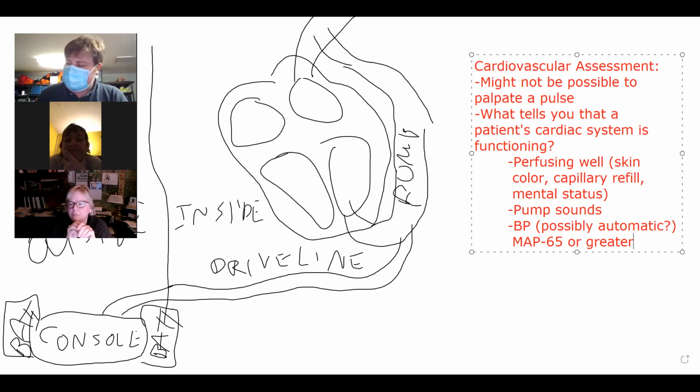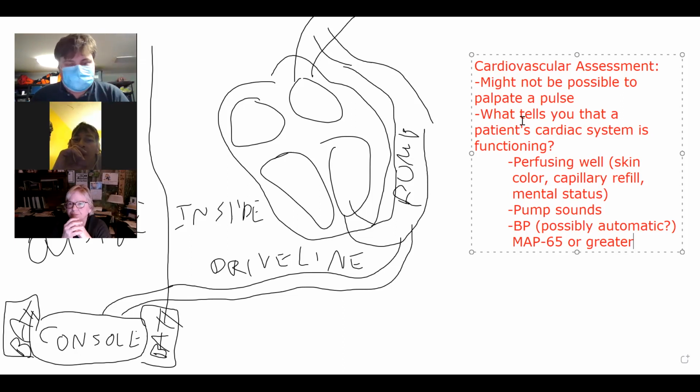One of the big things that people will kind of hesitate on is the fact that the VAD actually alarms. So if there's a problem that's going on internally, the VAD might alarm. And one of the things that the VAD will alarm about is, one, the batteries. That's like, again, going back to the problem being as simple as the batteries.